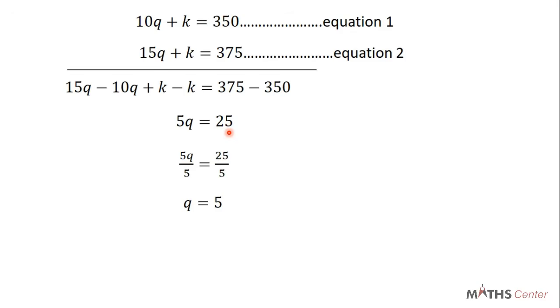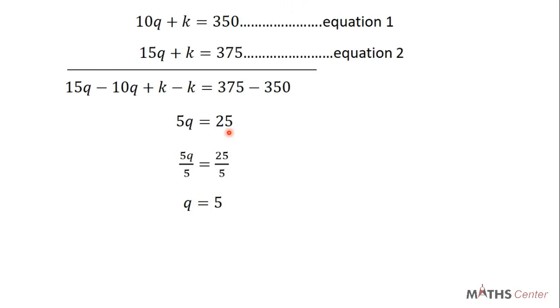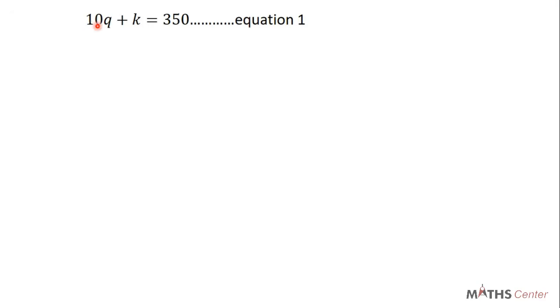We need to find the second one. From equation 1, we know that 10Q plus K is equal to 350. We have just found out that Q is 5. This means that we can replace Q here with 5. When we do that, we will have 10 times 5 plus K is equal to 350. 10 times 5 is 50.